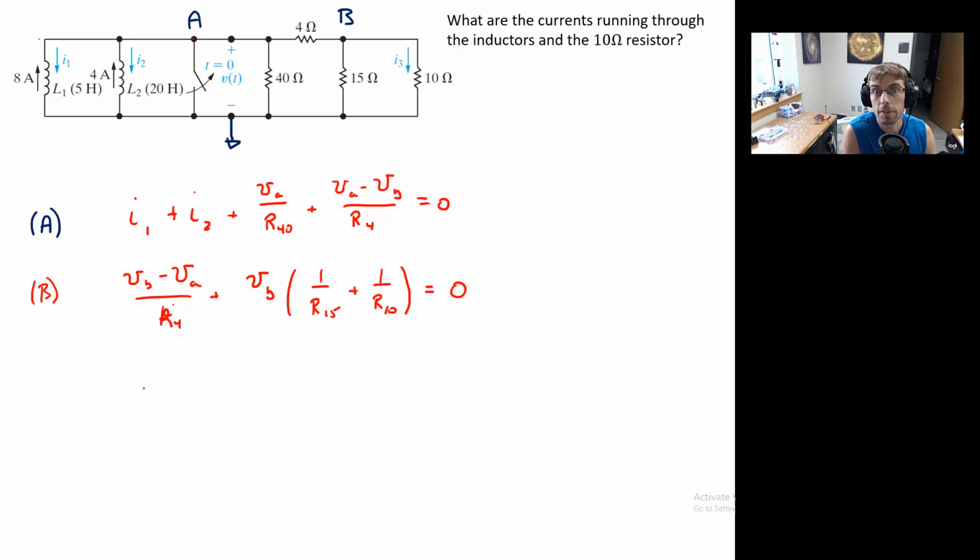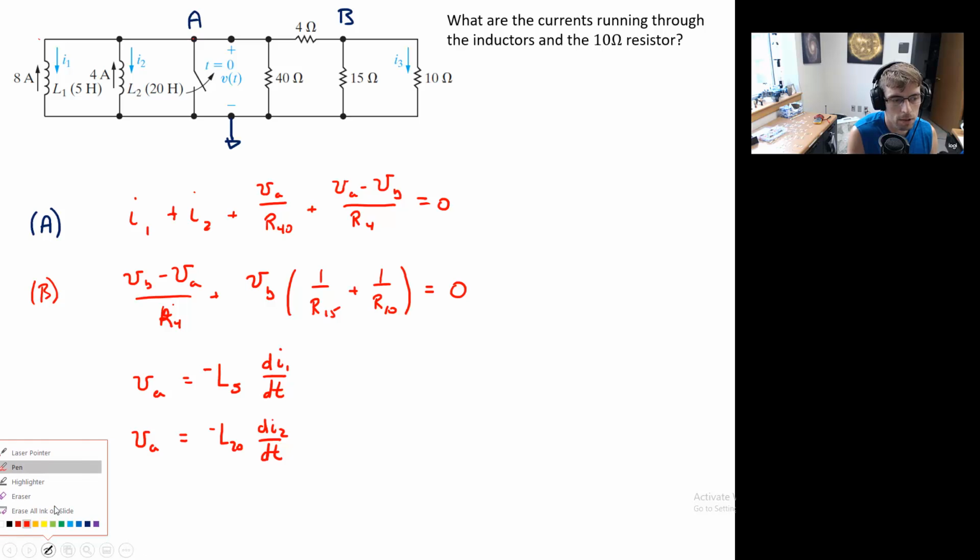We know the potential drop across an inductor is related to the inductance times the change in the current. And I'll put the negative sign there, and the negative change in the current. So if the current's decreasing, then the inductor wants to increase it. And so now we see that we have the sufficient number of equations to solve our problem. We have 4 equations and 4 unknowns.